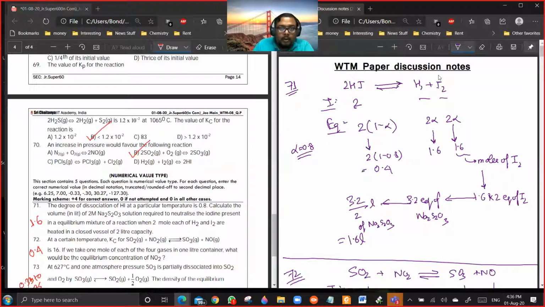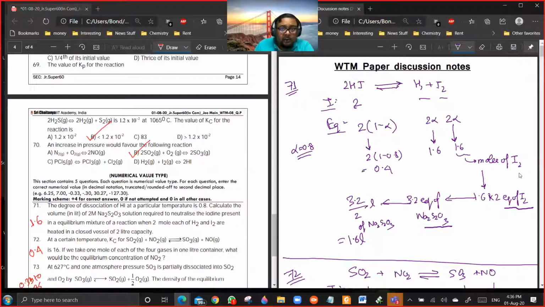Now you see, a quick method of estimating the concentration of any of the components of an equilibrium is to do a redox reaction with it. So iodine will undergo a redox reaction with Na2S2O3. So what I am doing is reacting iodine with Na2S2O3. So equivalence of iodine will be equal to equivalence of hypo.